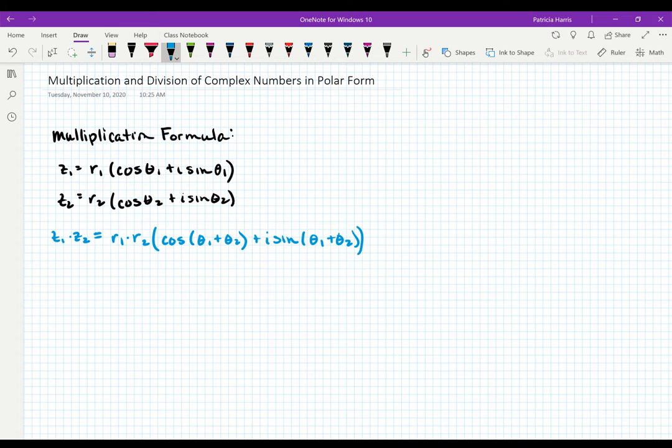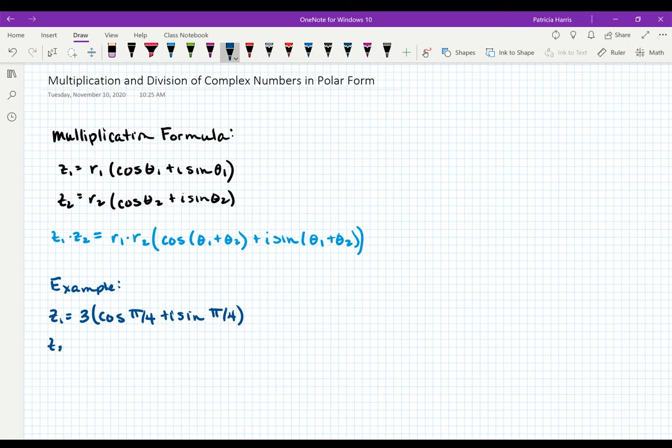Okay, so let's try one. I have z1 is equal to 3 (cosine pi over 4 plus I sine pi over 4).